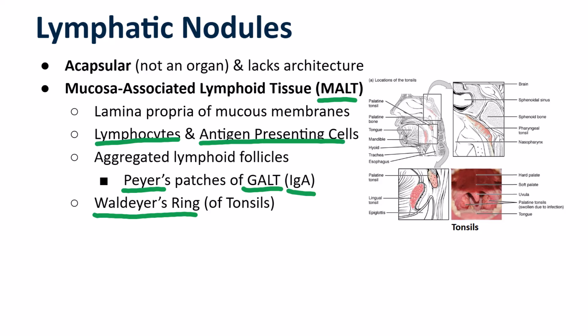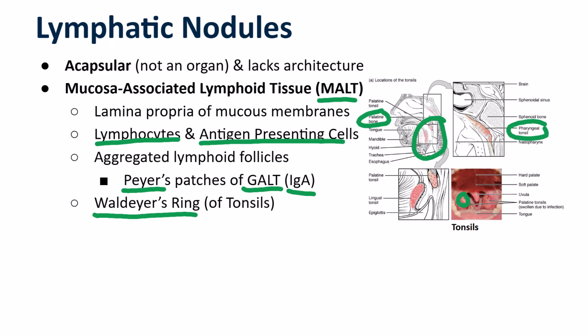So surrounding your pharynx or your throat are these mucosa-associated lymphoid tissues. And within this ring, we have things like the pharyngeal tonsil, also known as the adenoid, the palatine tonsils, or the tonsils.